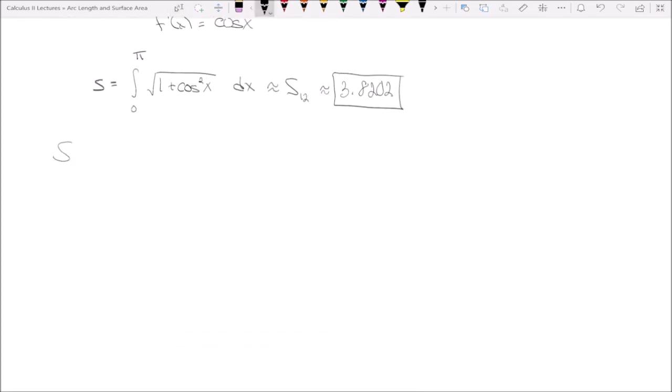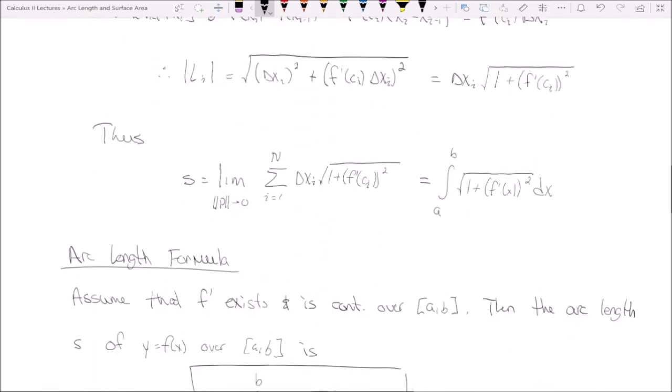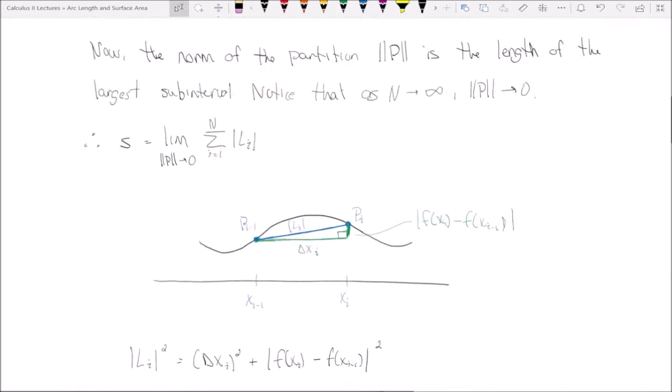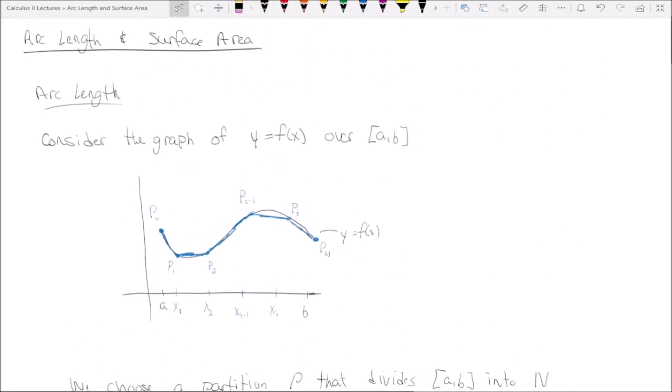We will now look at surface area. What we're going to do is proceed in much the same way as we did for arc length, with one key difference. We're going to rotate this curve about the x-axis.